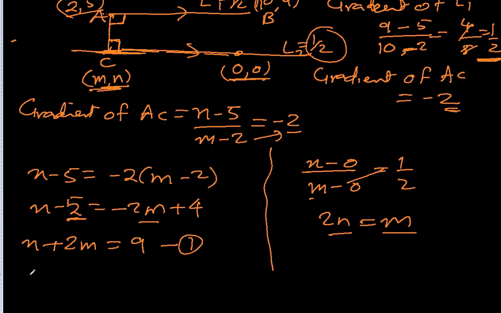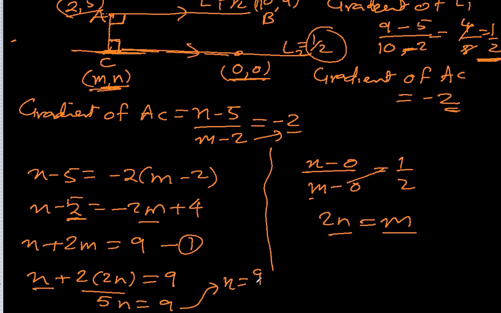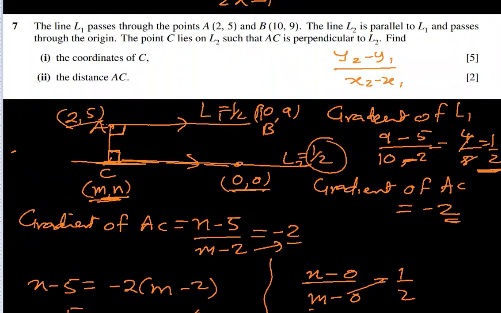Let's use it here: n plus 2 times 2n equals 9. n plus 4n, 5n equals 9, that gives us n equal to 9 over 5, equal to 1.8. And m equals 2 times n, 2 times 1.8 equals 3.6. So we got the coordinates of C, which they were asking: 3.6 is m and 1.8 is n.